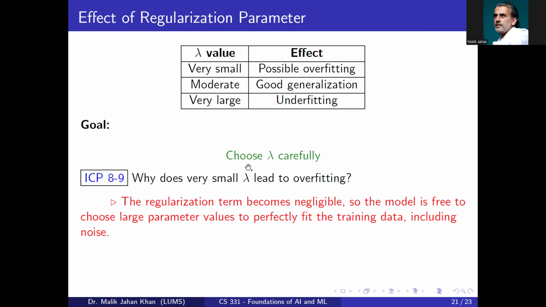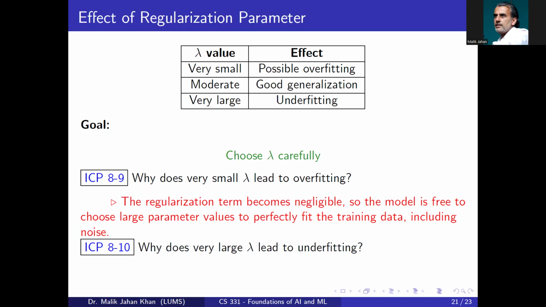Because if lambda is very small, lambda times the regularization term, irrespective of which regularization scheme we are using, becomes negligible, and the existing conventional loss function keeps dominating. So if it was already overfitting, it may still overfit the data as well as the noise.